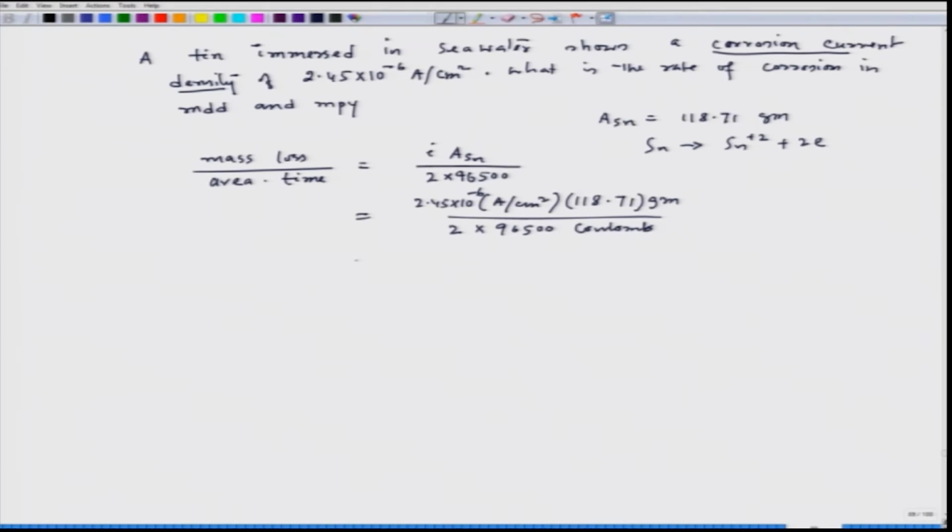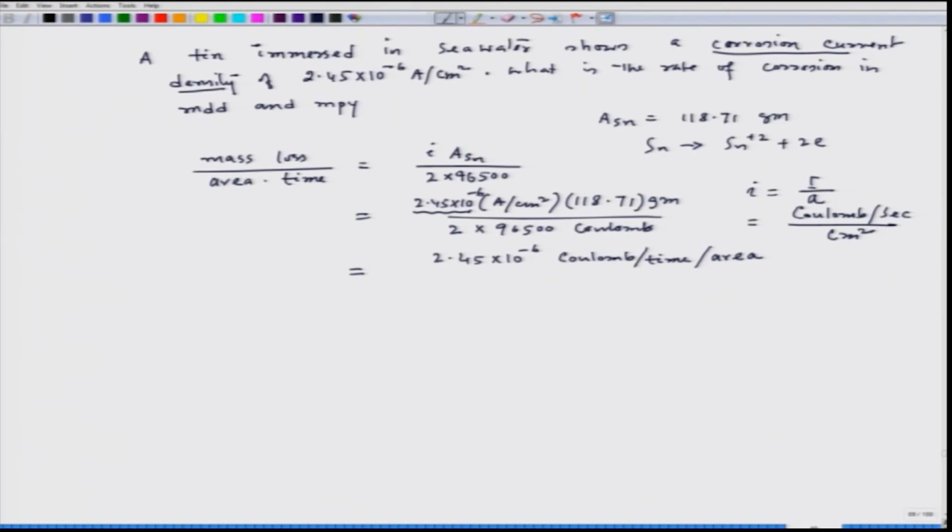Now, this quantity I can write in this way, 2.45 into 10 to the power minus 6 coulomb per unit time per unit area, because I is nothing but current divided by area, or coulomb per second per unit centimeter square.